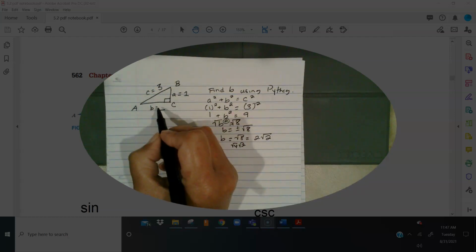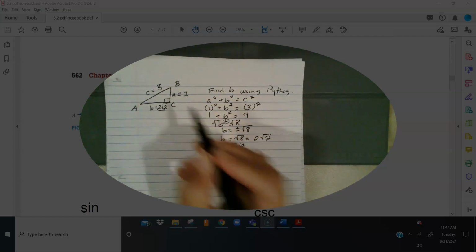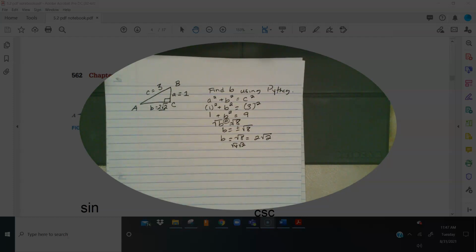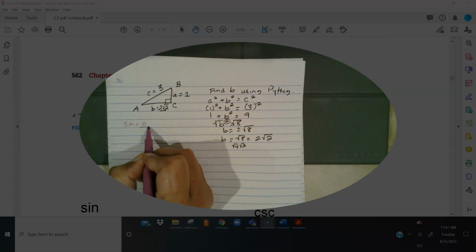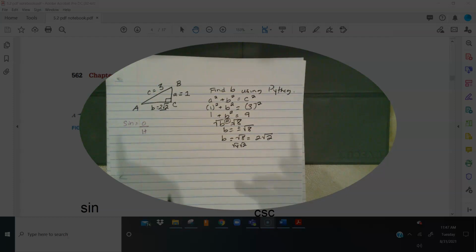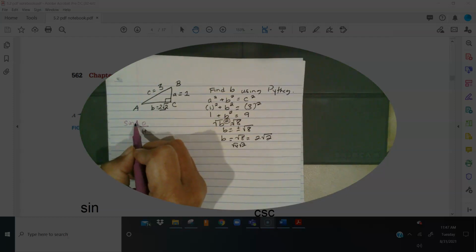So now we know the base is 2 square roots of 2, and we can write each of our trig relationships based on that. The sine relationship is the opposite side over the hypotenuse, and we're looking for the sine of A in this case.